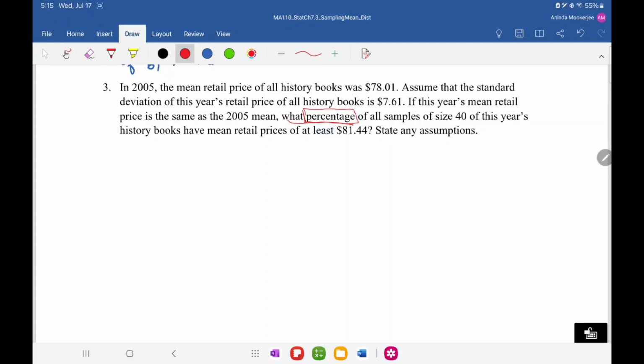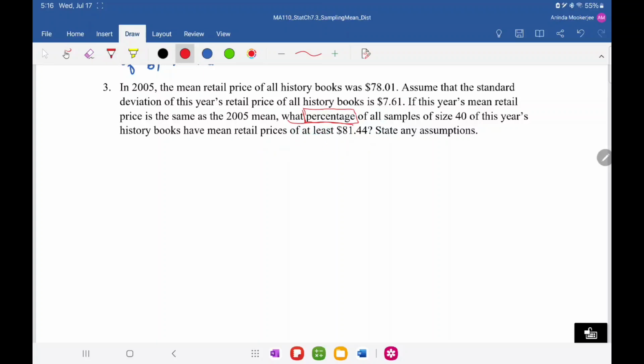Percentage should immediately tell you that we have to find an area under the curve in this case. If we can find the area under the curve less than, greater than, or between two values, whatever the question is about, then we can convert that area into a percentage and come up with the answer.